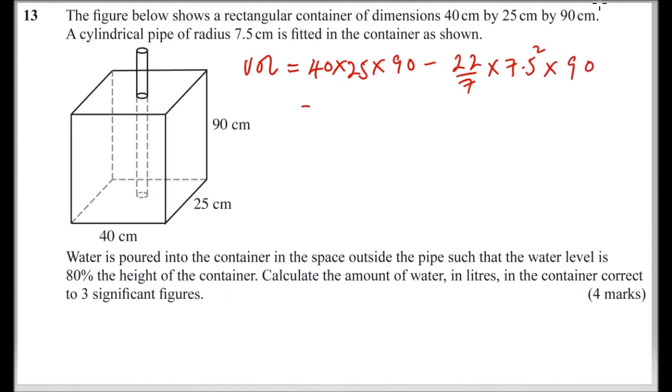So when you work that out using the calculator, you should be able to get 90,000. You subtract 15,910.